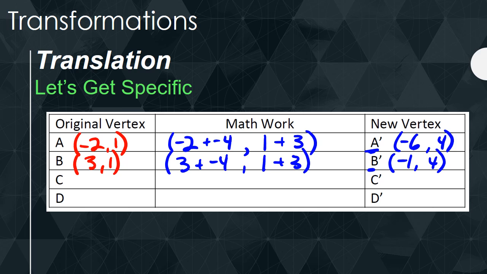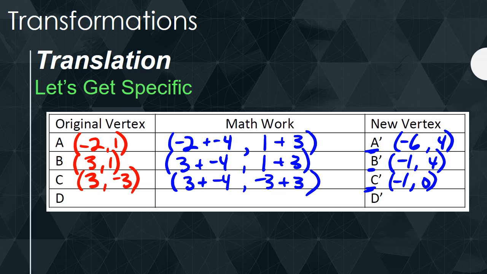Let's go ahead and do point C here. Point C is +3 and then -3 is our original vertex. The math work is going to be 3 plus -4, and then y is going to be -3 plus 3. That gives us C prime, which is going to be -1, 0.